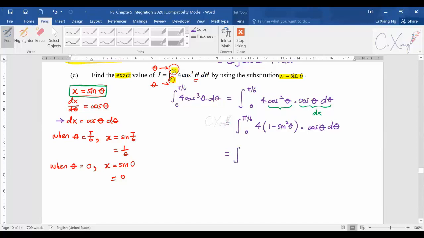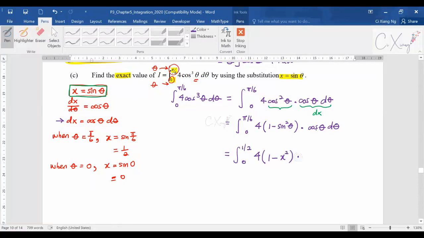Then I will try to put in all the substitution. When theta is pi over 6, you get half just now for the x, so this is half. When theta equals 0, then your x is also equal to 0, so you substitute it with 0 here. 4 is a 4, you just copy. 1, just copy. Minus, you just copy. Sine square theta: sine theta is x, so sine square theta gives x square here.